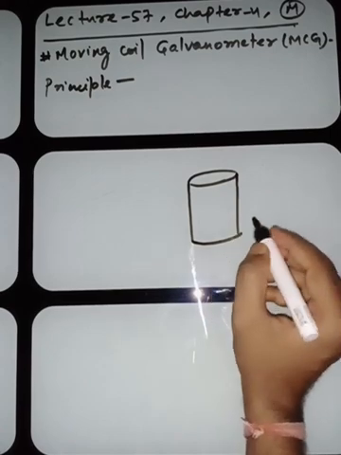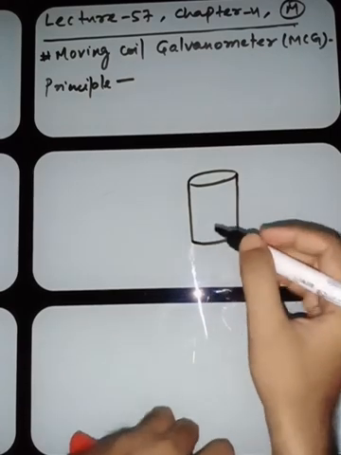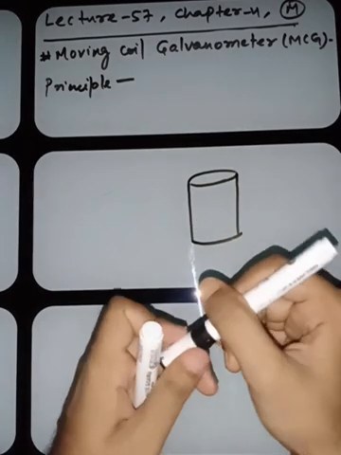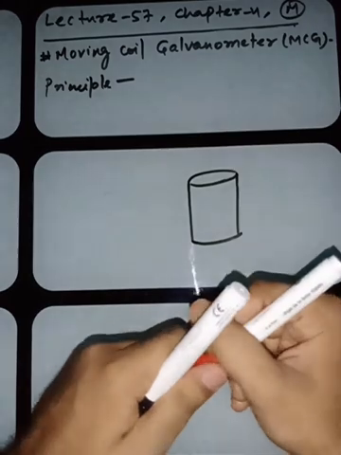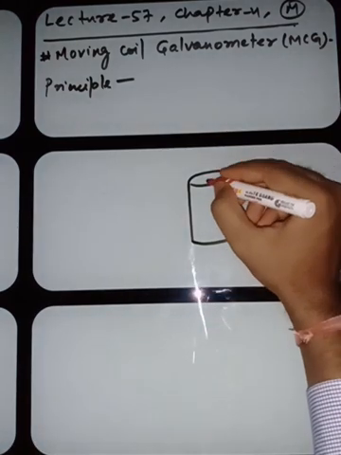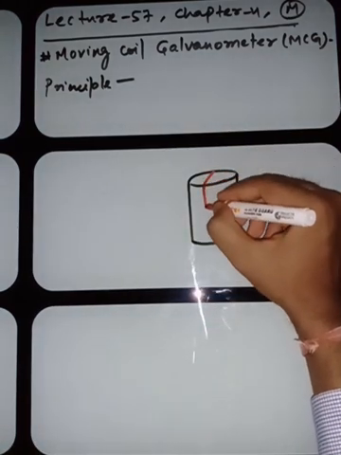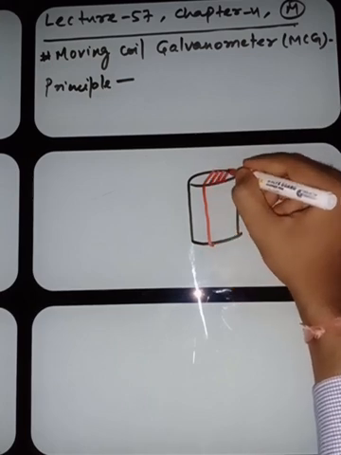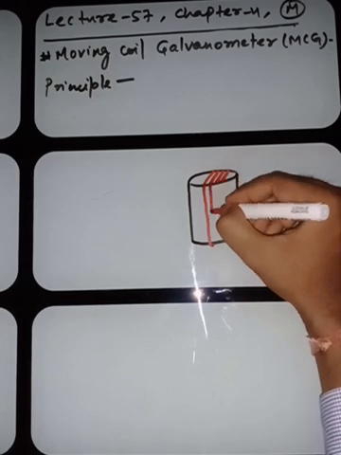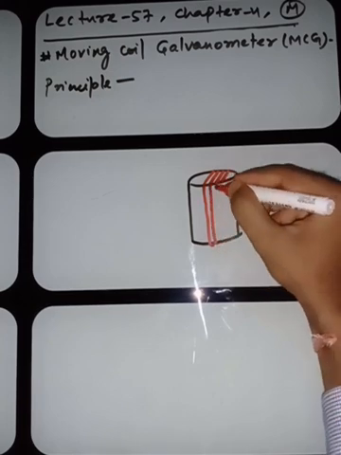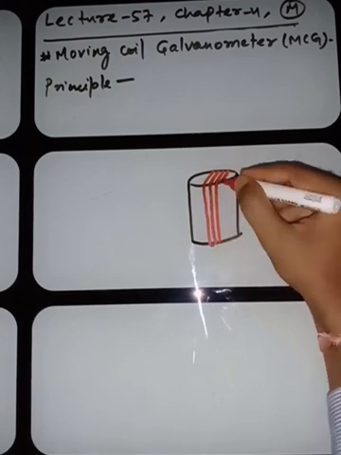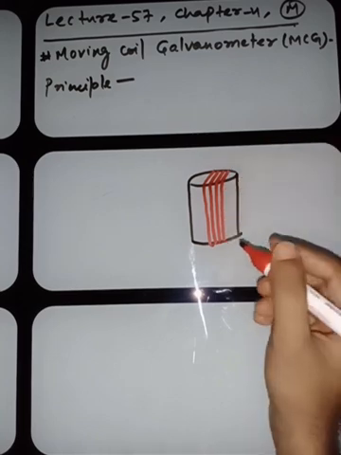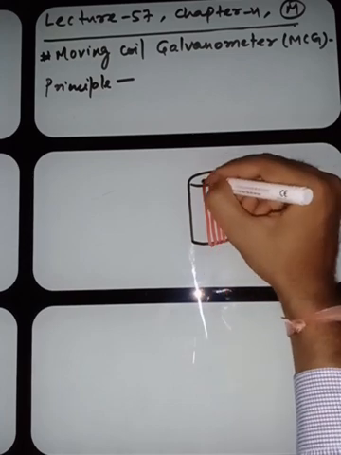This is a soft iron cylindrical core, and over this cylindrical core a wire, that is the coil, is wound, having a number of turns. This is the coil.